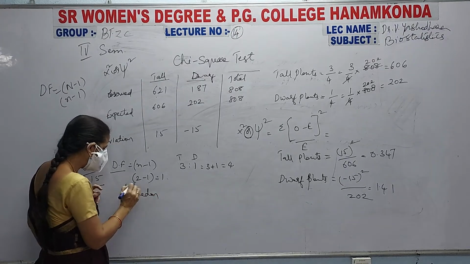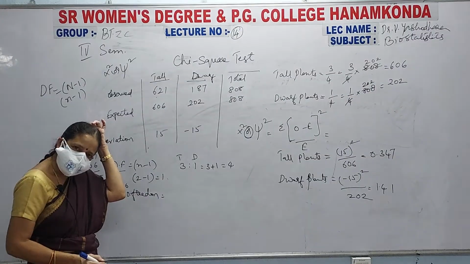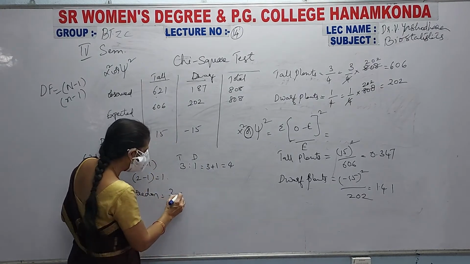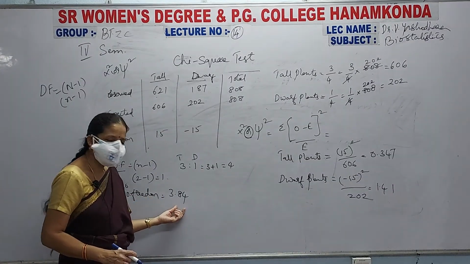First degree of freedom is equal to, the scientists have given a standard value. That standard value is 3.84. The first degree of freedom value is 3.84.